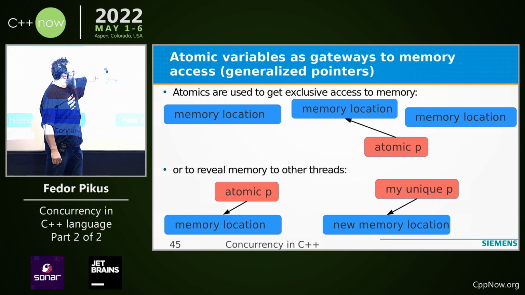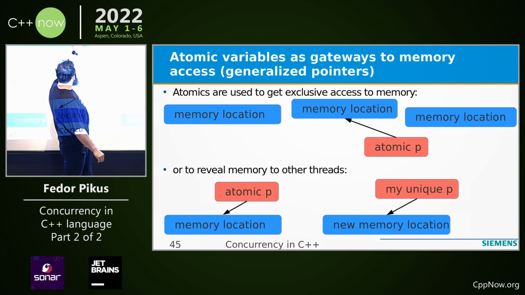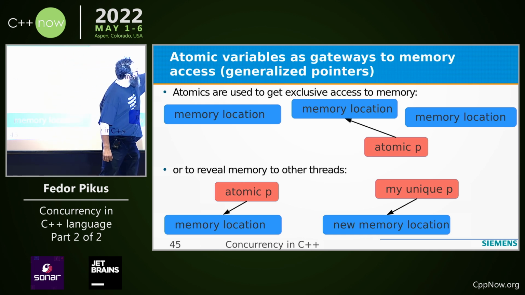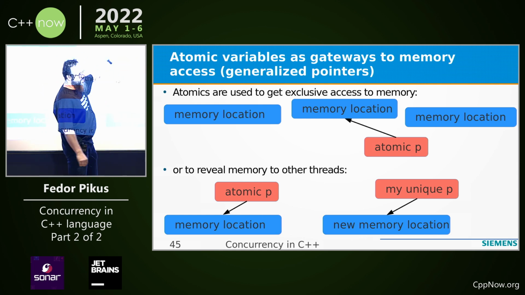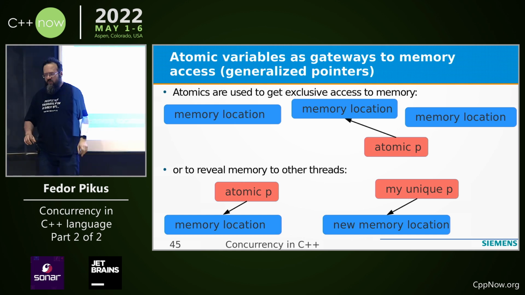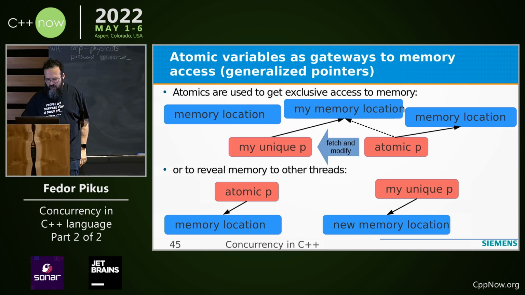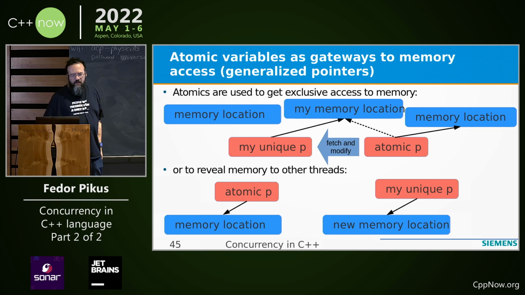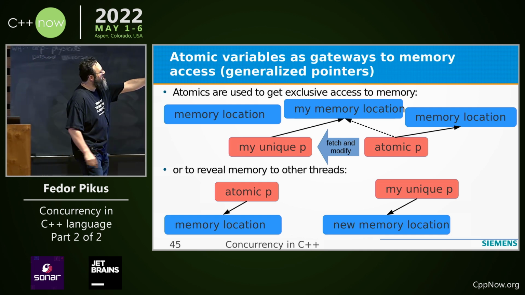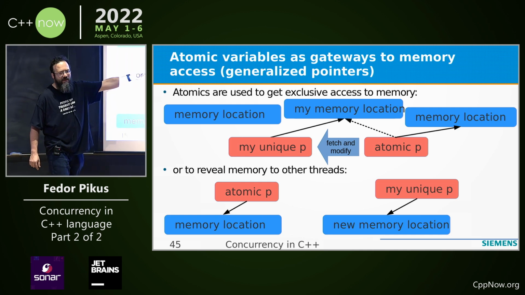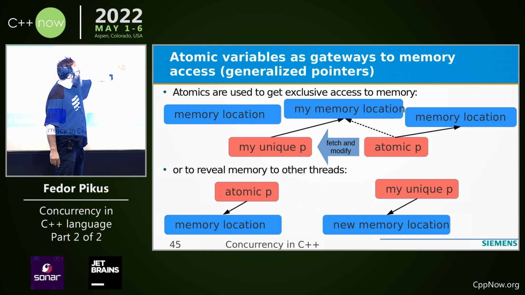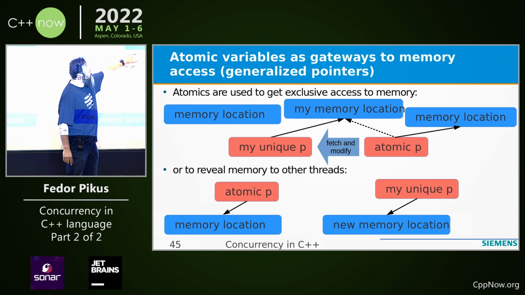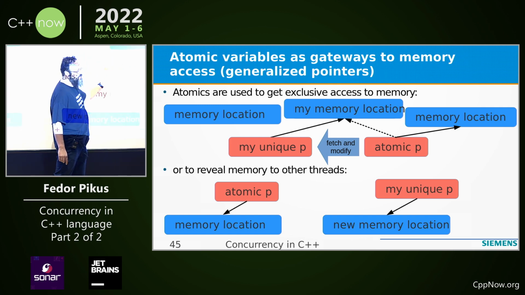So I prepare the data like here and here. No other thread can gain access to it because there are no shared pointers pointing to them. My thread is the only one that knows about these memory locations. When I'm done preparing the data, I do atomically retarget the pointer. And now anybody who goes through this pointer can access this, it suddenly becomes visible, reachable through this pointer.